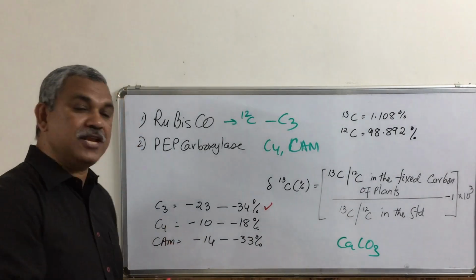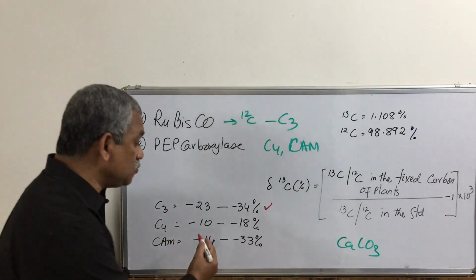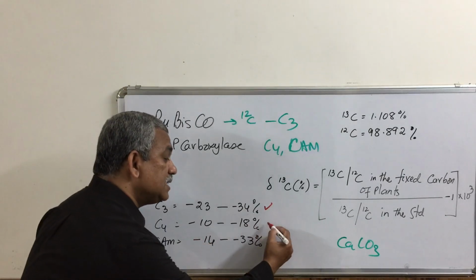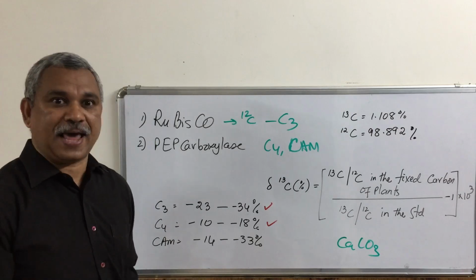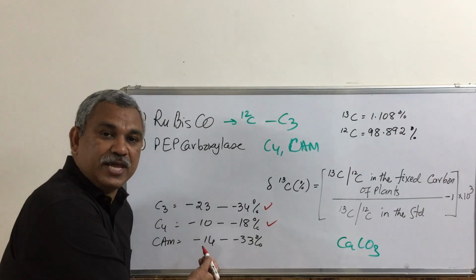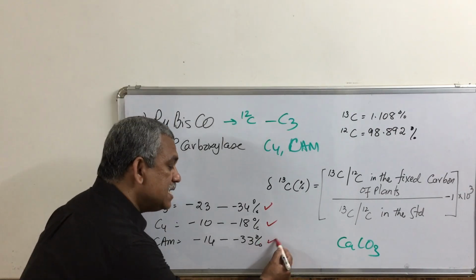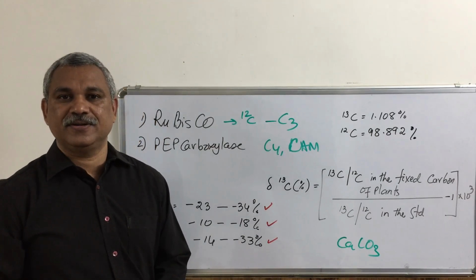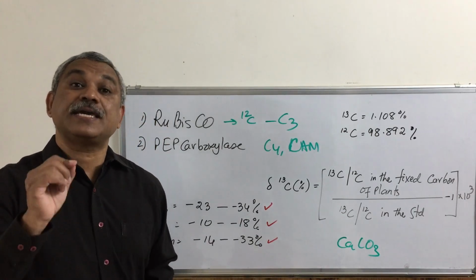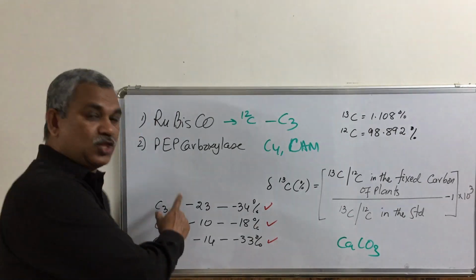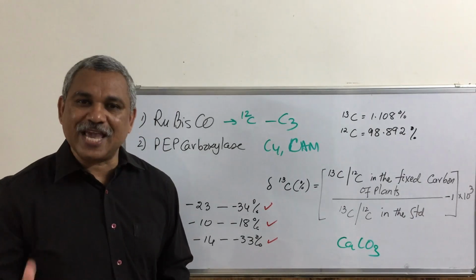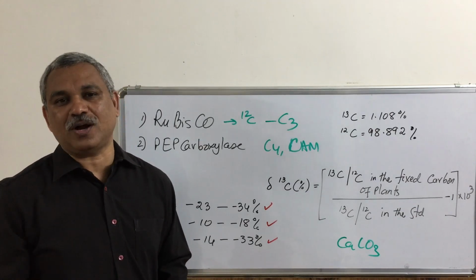For a C4 plant, this ratio changes to -10 to -18%. When it comes to a CAM plant, this ratio is between -14 to -33%. This is because CAM plants can shift to a C3 pathway depending on the environment, availability of water and the temperature.